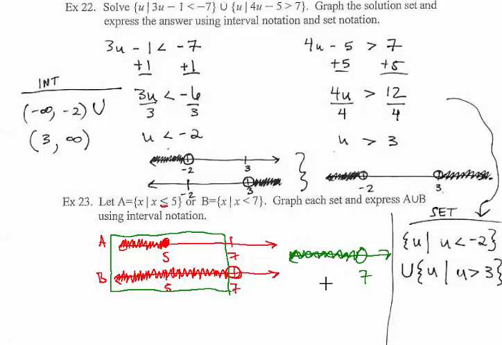Okay, and to write that in interval notation, we would write negative infinity to 7. Both have parentheses, and then for set notation we would write x, vertical bar, bracket, x less than 7, close the set with squiggly bracket.